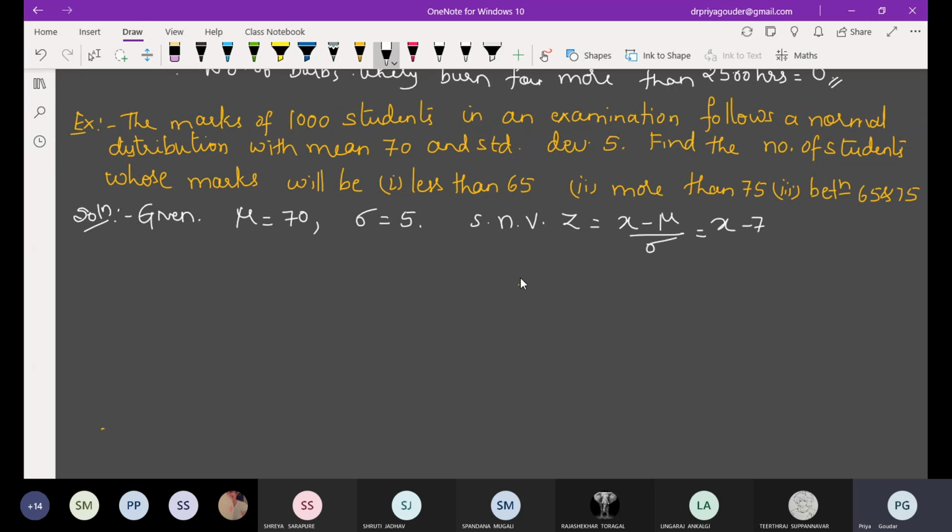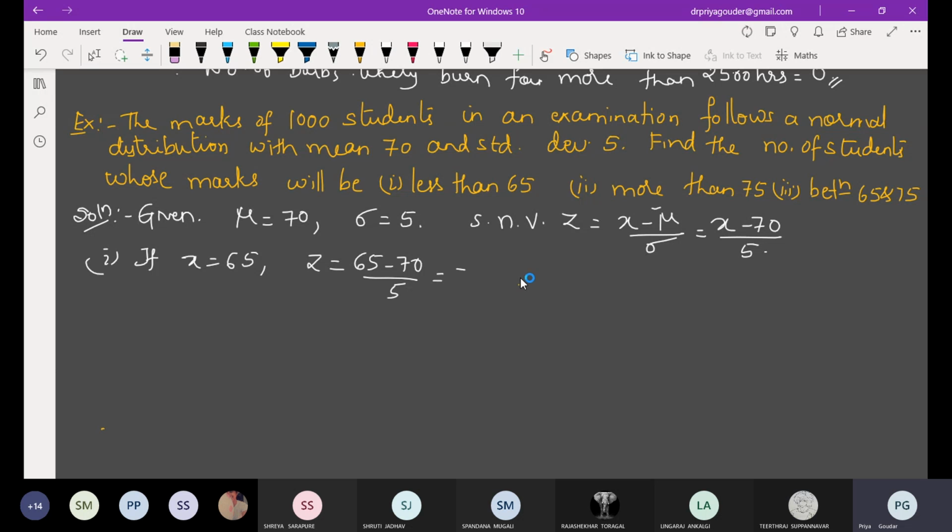Substitute: x minus 70 divided by 5. Take the first condition, less than 65. Should I take 65 as the value of Z or X? X. So if X is 65, we find Z from this relation: 65 minus 70 over 5, the answer is minus 1.